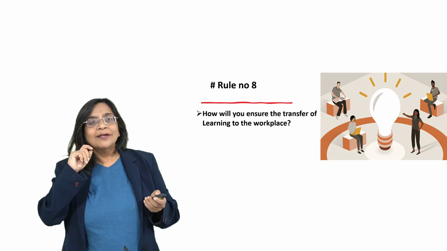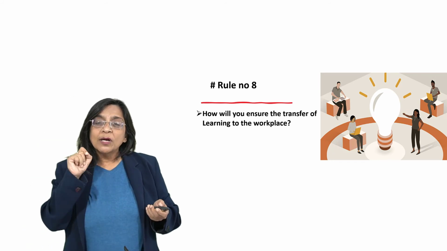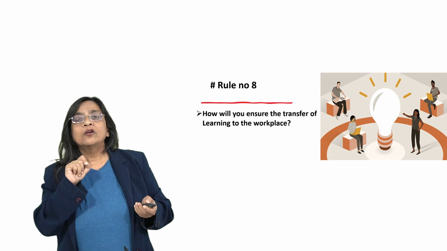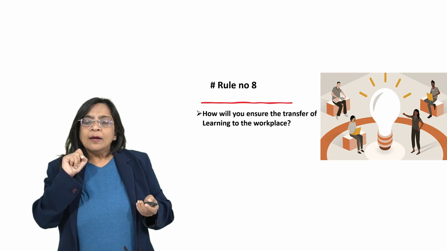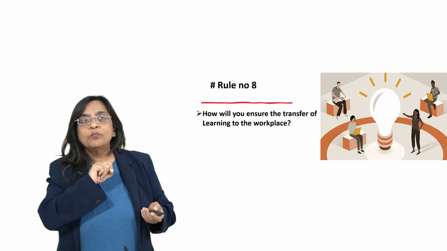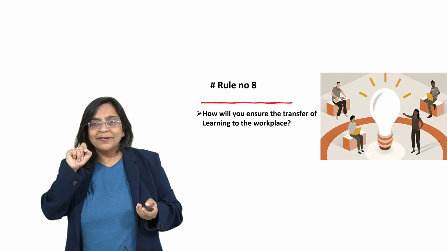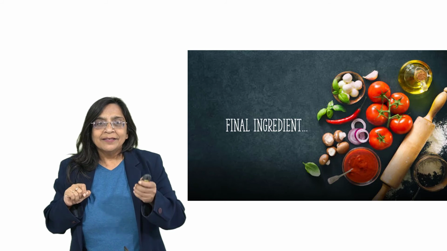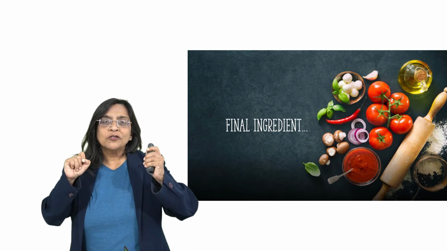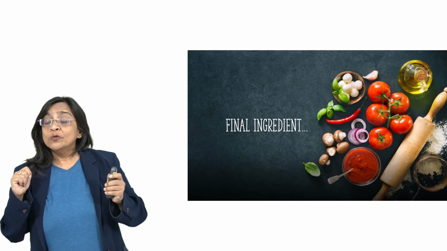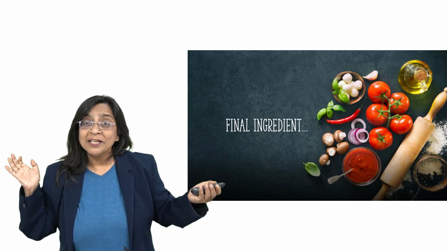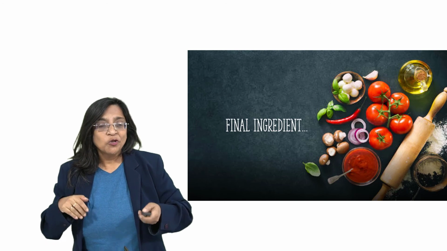So these are the 8 rules that you must keep in mind when you're designing content and engaging with your participants. But the last and the most important ingredient that you have to ensure that your participants are completely engaged with you is, well, you yourself, your enthusiasm, your love for the subject.